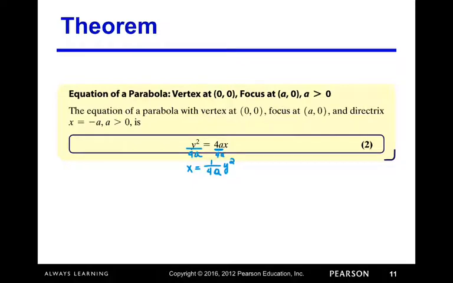And so I can get the 1 over 4a y squared and only have the x left on this side. And so that's the difference in the way the formula is written. It's basically the same formula, but different notation, a different way of writing the same thing.